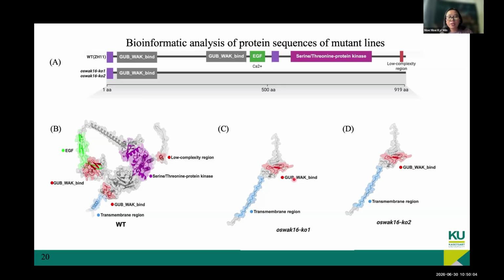Our marker development and validation also show that this gene might be useful for the breeding program, and our gene edited knockout line shows the possible function of WEX16. However, we need further validation, like what are the real proteins interacting with WEX16 downstream, or what kind of genes are up or down regulated.